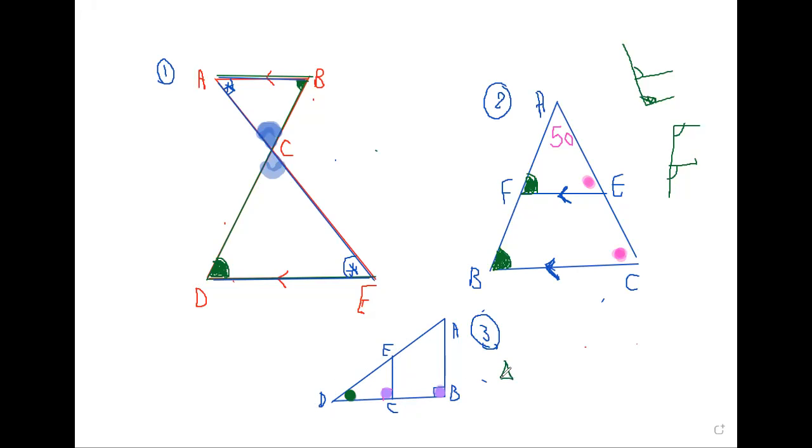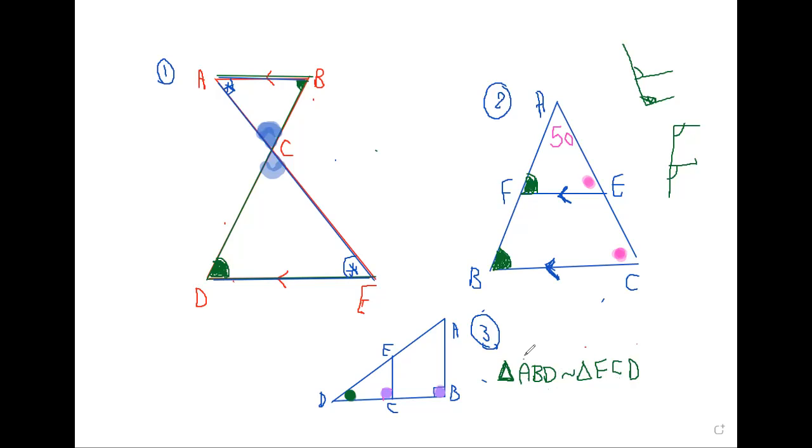Yes. Could you please, Adam, tell me the two triangles which are similar in number 3? ABD and ECD. ABD will be similar with triangle ECD. Jana, could you please tell me the sides which will be proportional when we prove that the two triangles are similar? Which two sides will be proportional now?